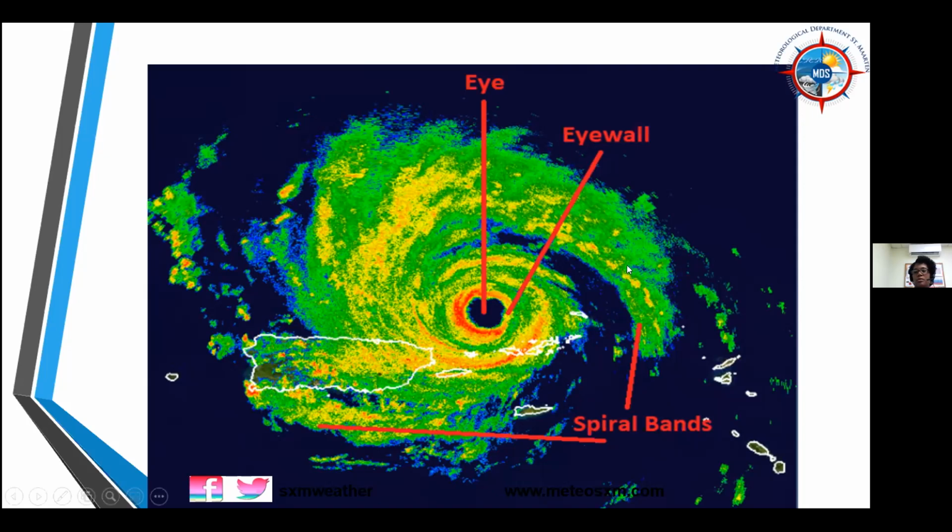Depending on how fast or how slow the storm is moving, these rain bands can drop hundreds of millimeters or inches of rainfall over an island. And they spiral back towards the eye. And as we said earlier, in the northern hemisphere, in our part, it moves in the anti-clockwise direction.